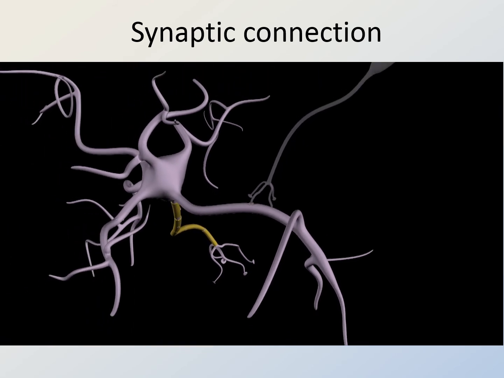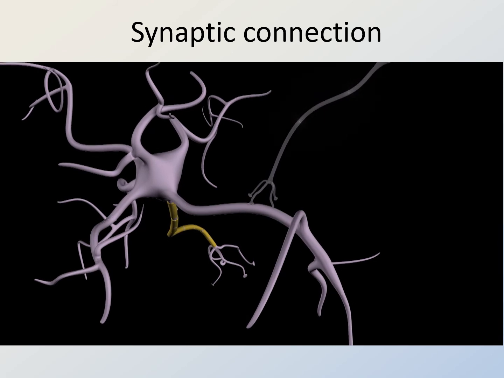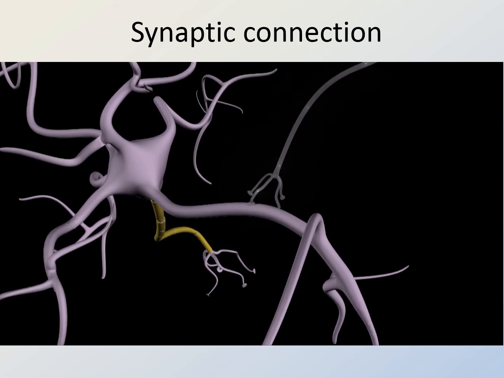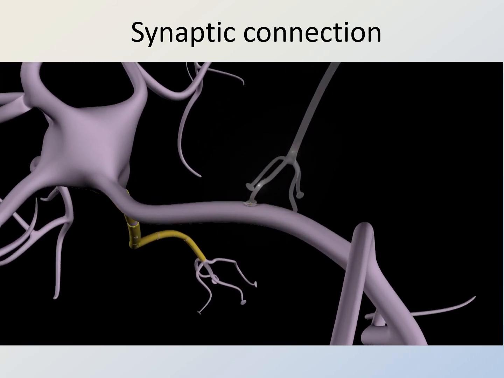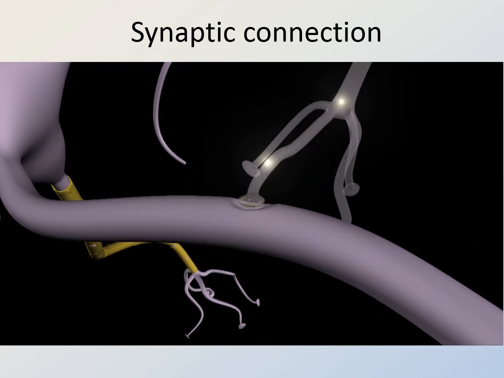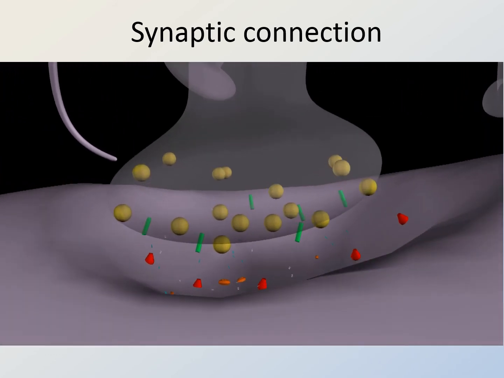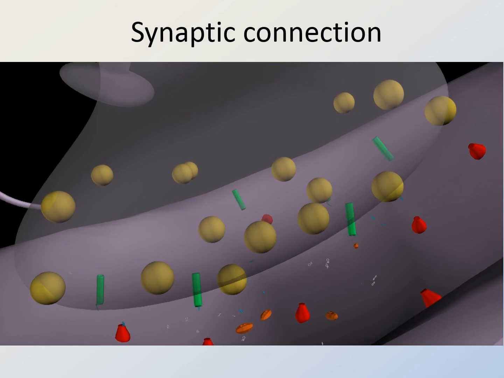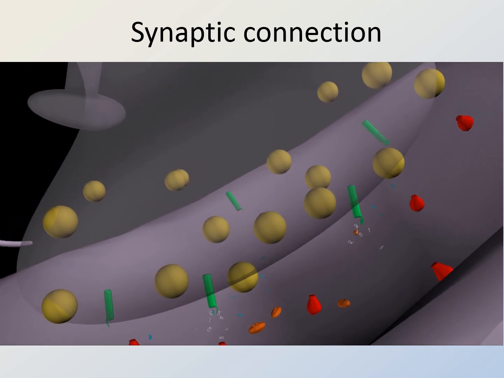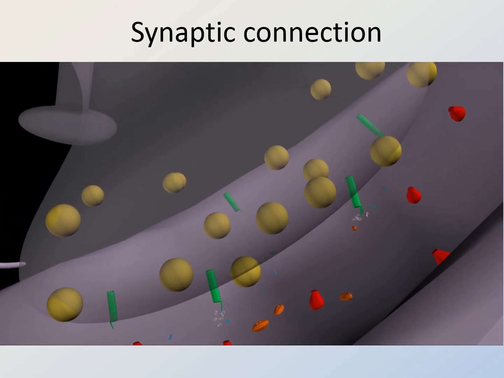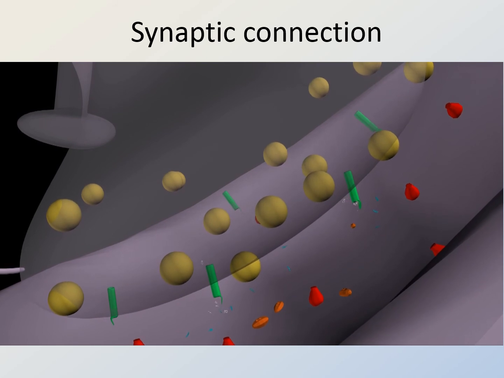After the action potential is generated in the axon hillock of the presynaptic neuron, the action potential travels through the axon towards the terminal button. Upon reaching the terminal button, the action potential triggers the opening of voltage-gated calcium channels located in the membrane of the terminal button.